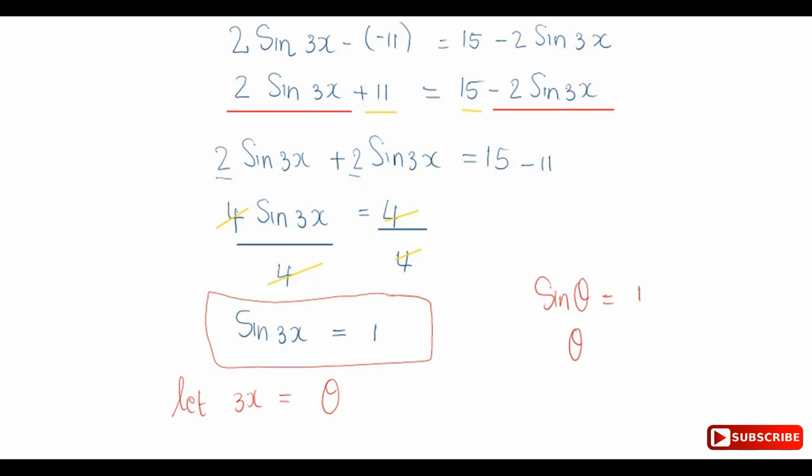So you're going to press your shift inverse of sine of 1, and you'll find that your theta is equal to 90 degrees. And then remember we said, guys, we let 3x equal to theta, and we found that your theta is equal to 90 degrees.